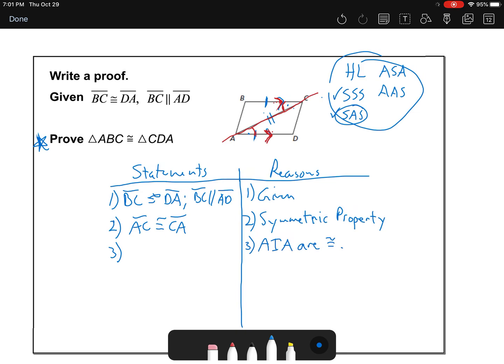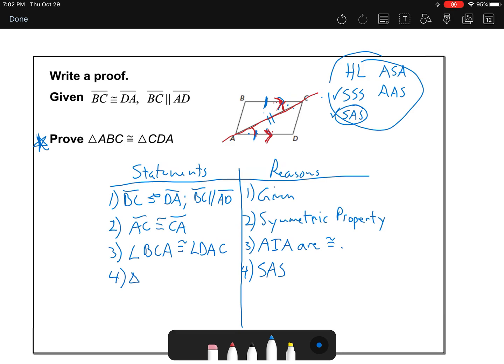So therefore, angle BCA would be congruent to angle DAC. Now, do we have enough to prove those triangles are congruent? And the answer is yes. Side, angle, side, right?